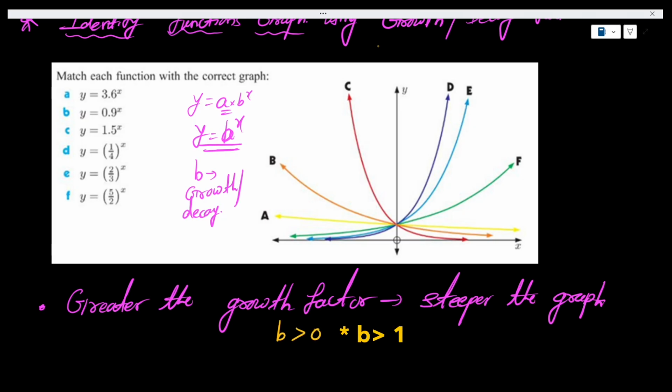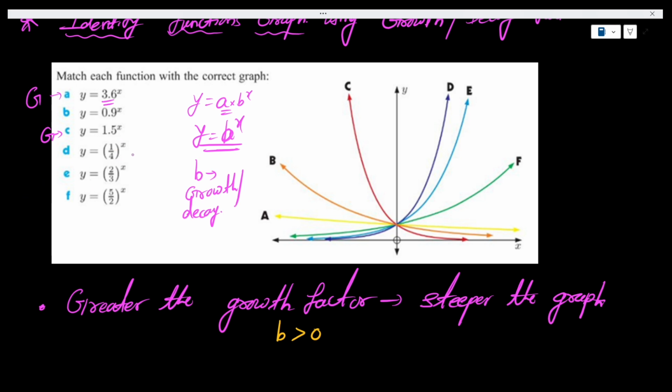So first, among all these, 3.6 is the growth factor, so it is going to represent an exponential growth function. Now this one is less than 1, between 0 and 1, we can't take it. This is also going to represent growth here.